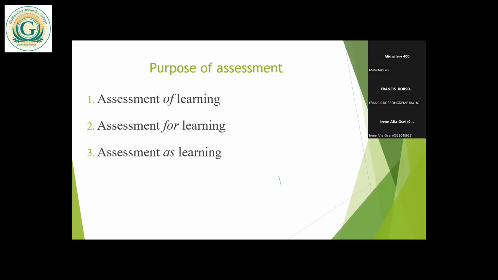It's just that we are using some adjectives for them. Assessment could be assessment of learning, assessment for learning, and assessment as learning. These are the purposes of assessment.